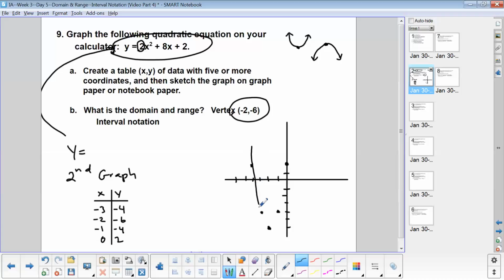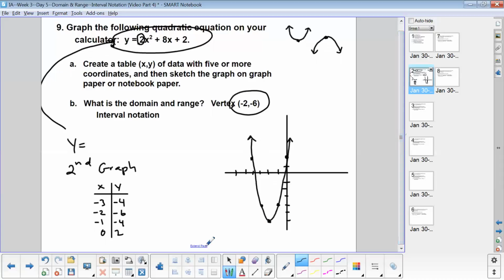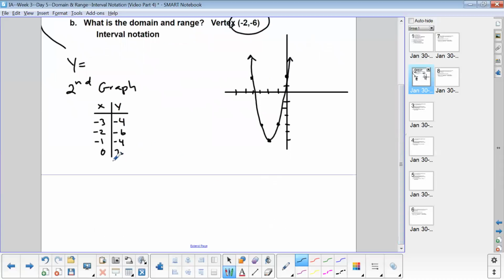Just freehand that best you can on your graph paper or on your notebook paper, and I could probably put this right up here in regard to numerical order. I just left that out.